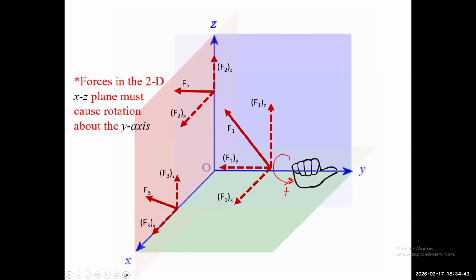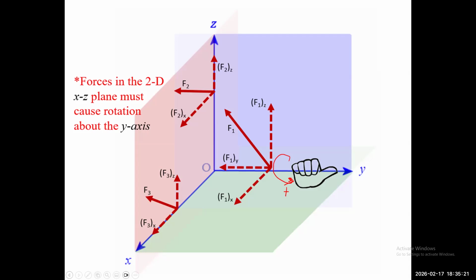So the force times distance is going to occur in one plane, while the actual turning is going to take place in a plane perpendicular to that plane, which in this case is the y-axis. You get me? So the red plane is perpendicular to the y. Yes, that's what we're saying.